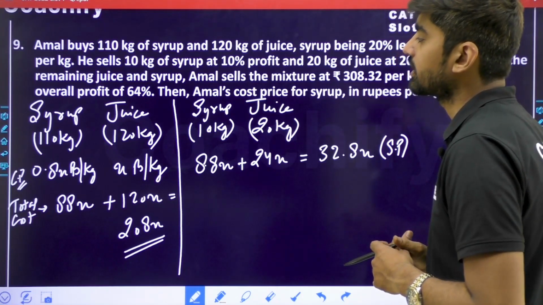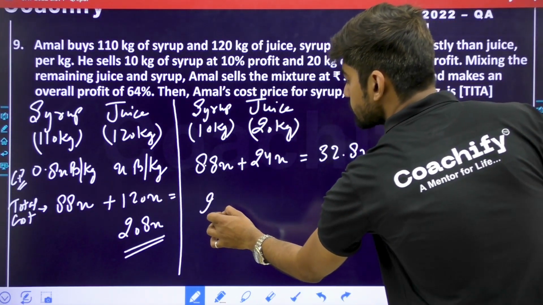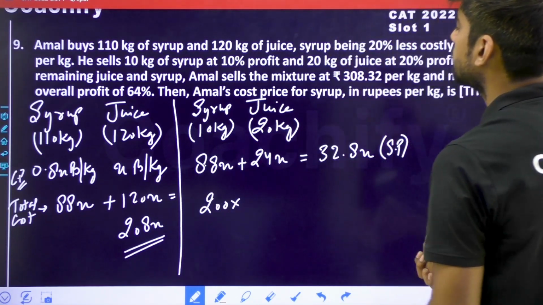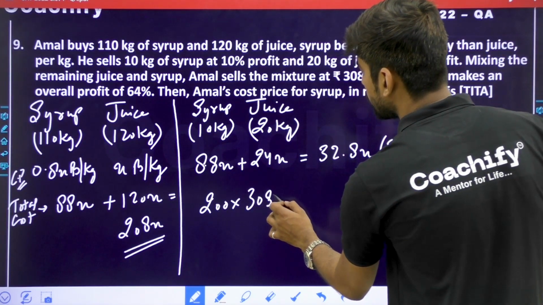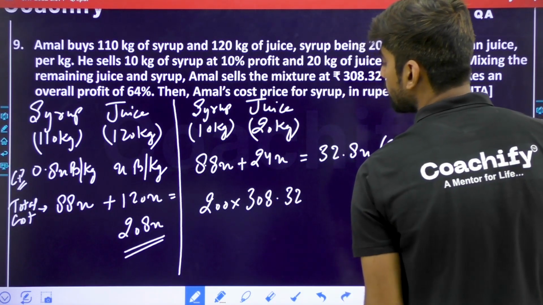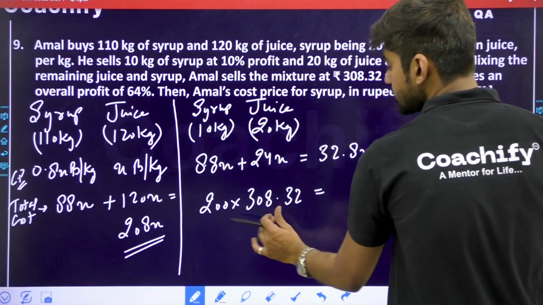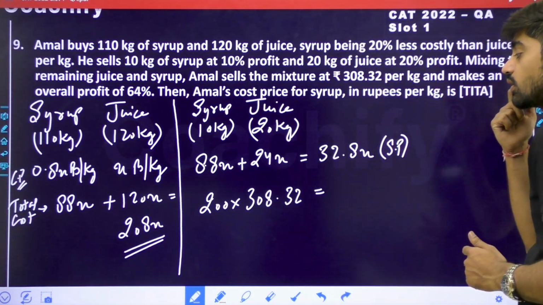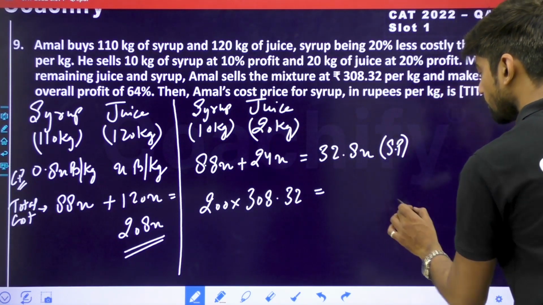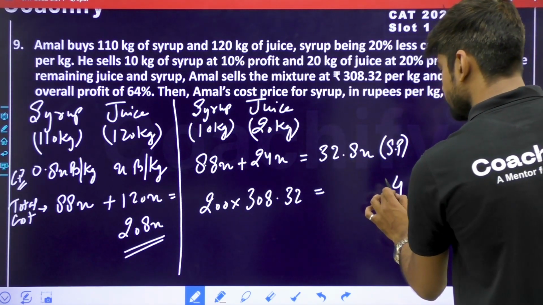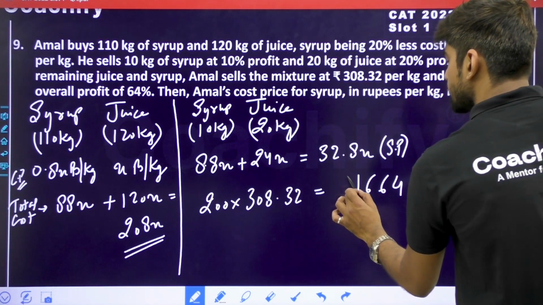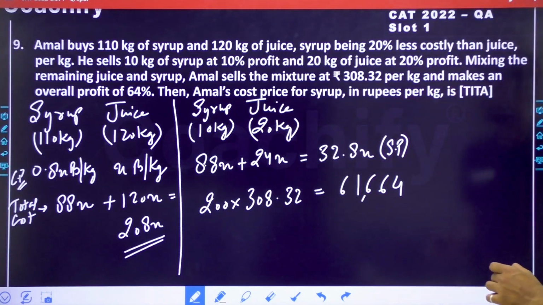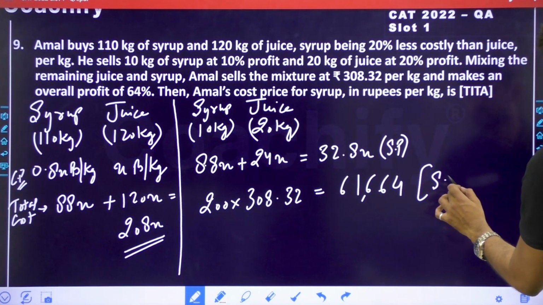So 100 and 100 becomes 200 kgs. When you multiply this 200 kg with 308.32 x per kg, it gives the total selling price of your mixture, which is coming out as 61,664.